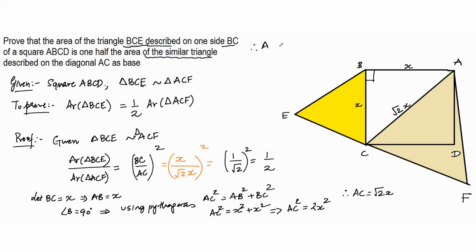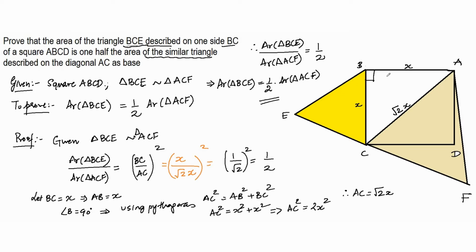Therefore, I can say that area of triangle BCE divided by area of triangle ACF is equal to half, and this implies area of triangle BCE is equal to half of area of triangle ACF. And this is precisely what we wanted to prove.